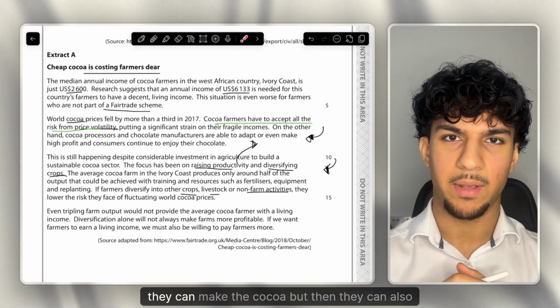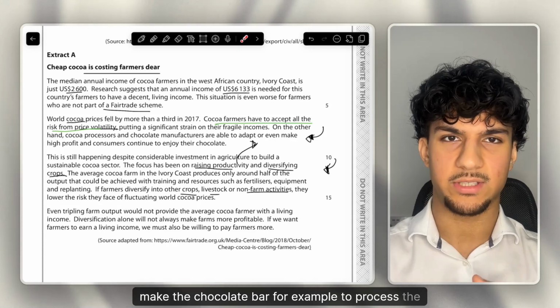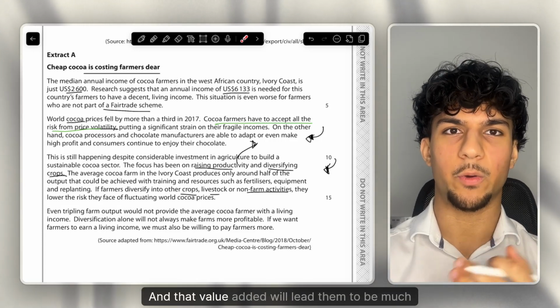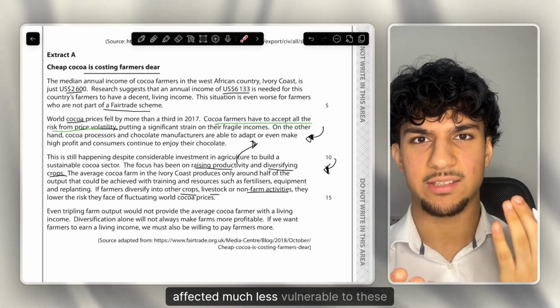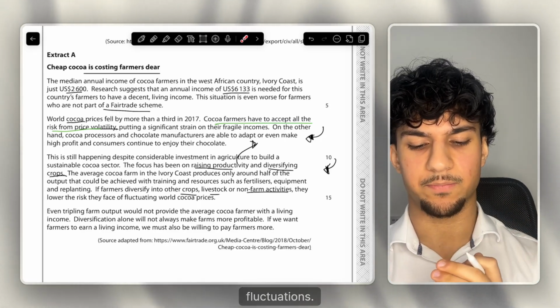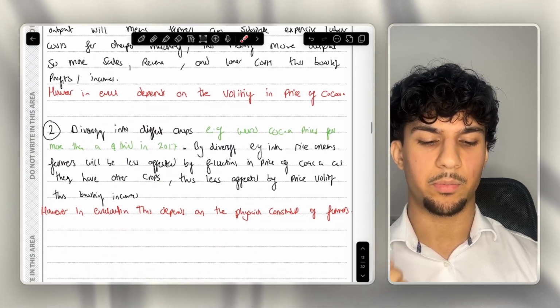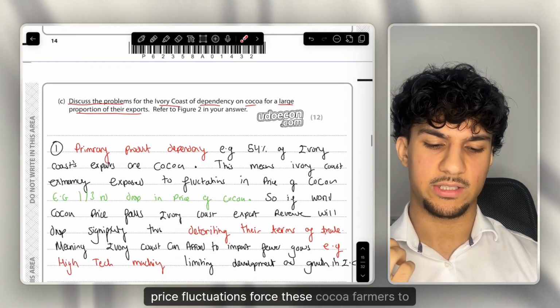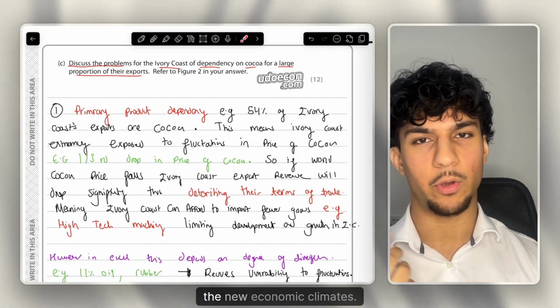So they can make the cocoa, but then they can also make the chocolate bar, for example. So process the cocoa, make the chocolate bar, and that value added will lead them to be much less affected, much less vulnerable to these fluctuations. So you could 100% say it depends on the time frame and depends how these price fluctuations force these cocoa farmers to react and to adapt to the new economic climates.